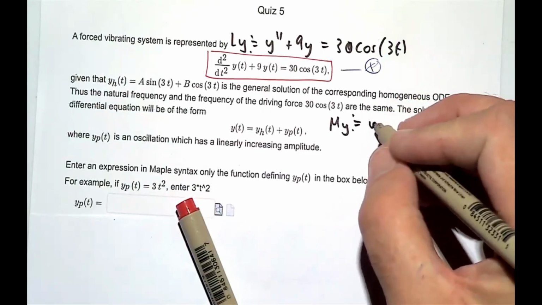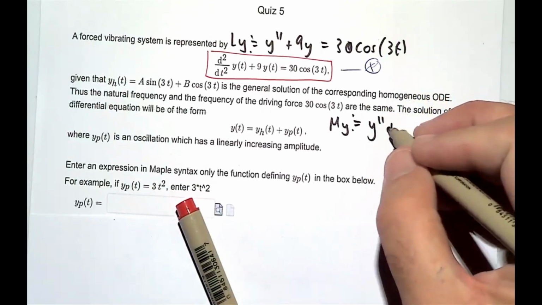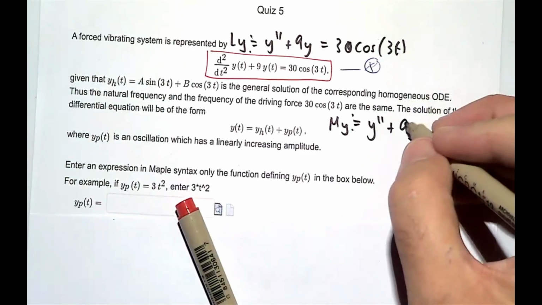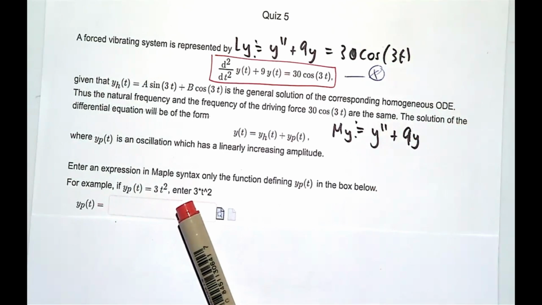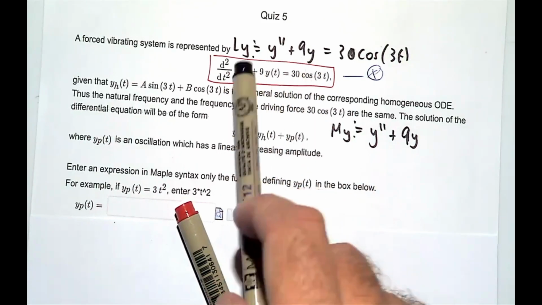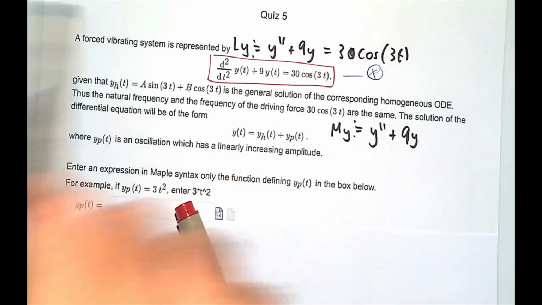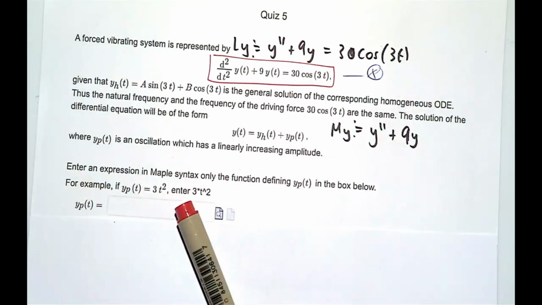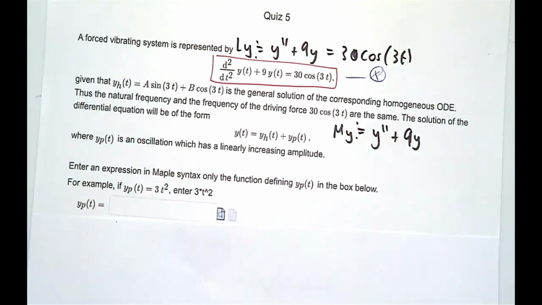Yeah. Is that right? Yeah. So what I'm going to do is I'm going to go up here, differentiate both sides twice, and then add 9 lots to it, to both sides. Okay, let's see what happens.